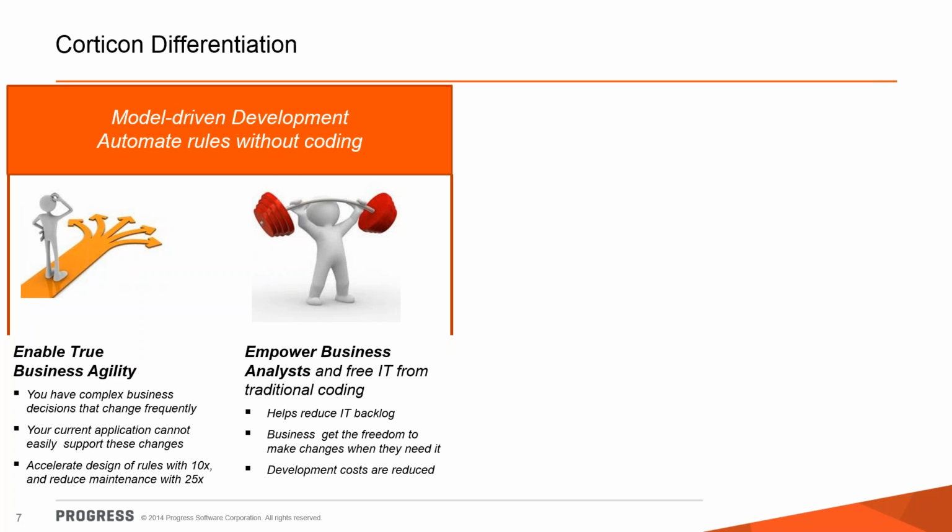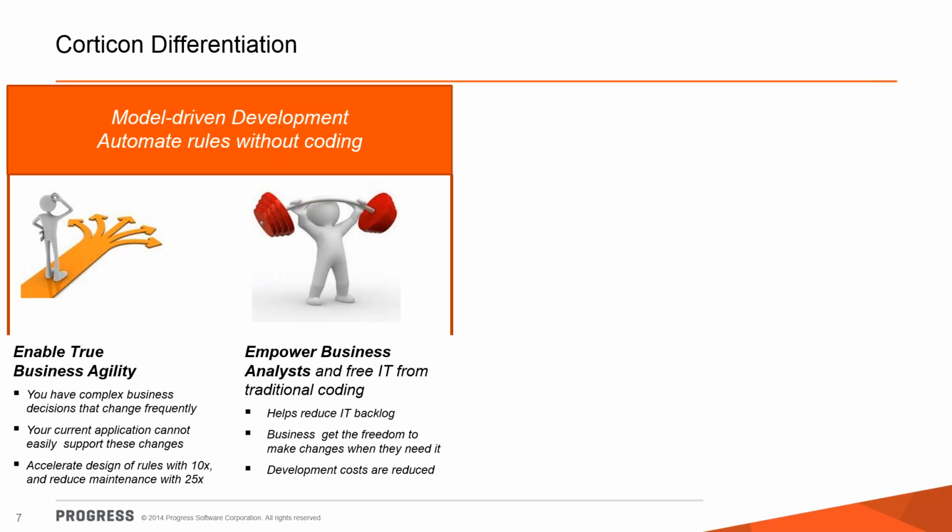One of the big differentiation factors of Corticon is model-driven development. And sometimes it's really easy to understand what we mean by model-driven development by understanding what it's not. What we're not talking about is writing lines and writing logic in the form of code. Doing that is procedural. That's not model-driven.